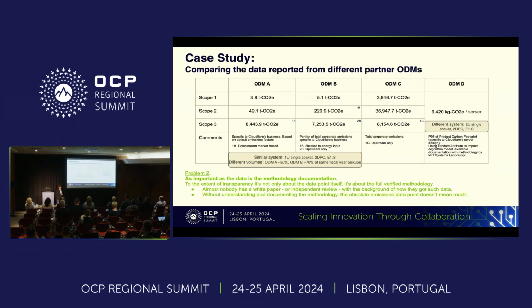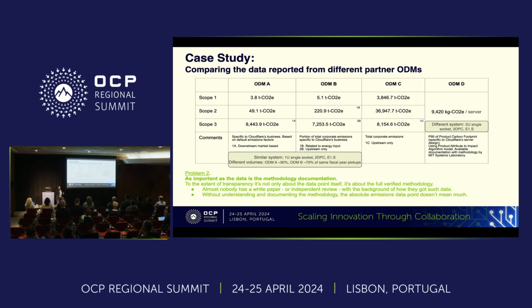So the second part of the problem, you have some absolute numbers that we got from our actual ODMs. We got different reports. Of course, these numbers by themselves, they don't mean much. We need to understand what they are talking about.